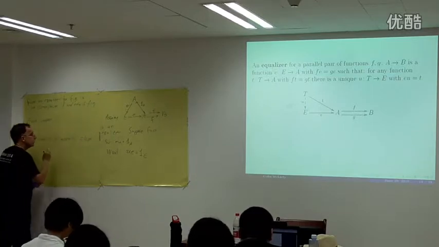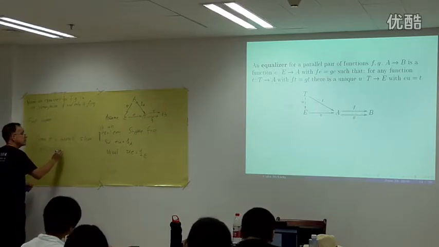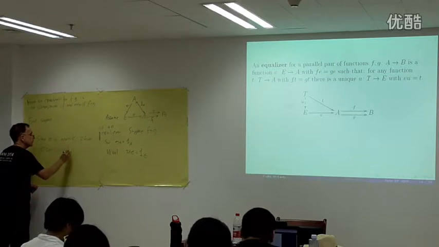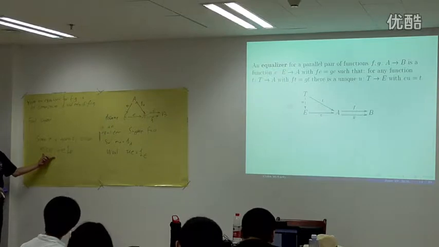that E in front of UE equals E in front of 1 sub E. Because the nature of monics is you can cancel them on this side. And we know that every equalizer is monic.